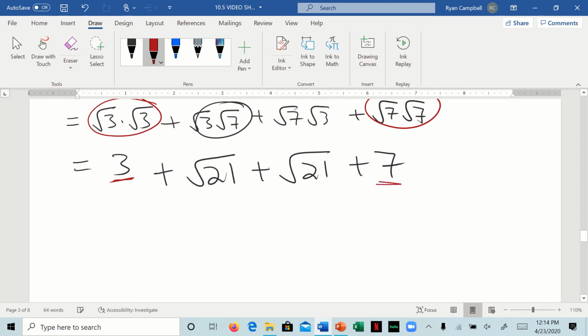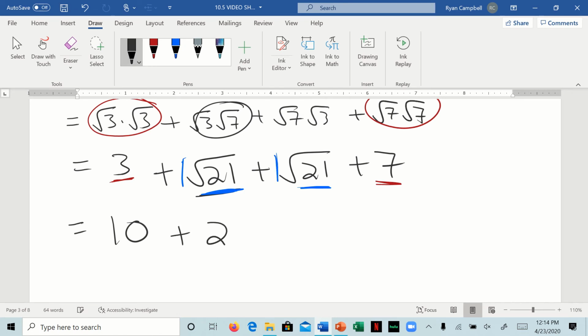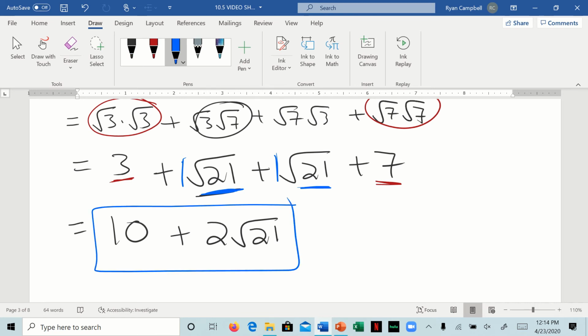So we can combine the constants, the numbers by itself. So we get 10, and then we can combine the radicals, right? So remember there's an invisible 1 in front, so 1 plus 1, that means there's 2 of them. So final answer, 10 plus 2 square root of 21.